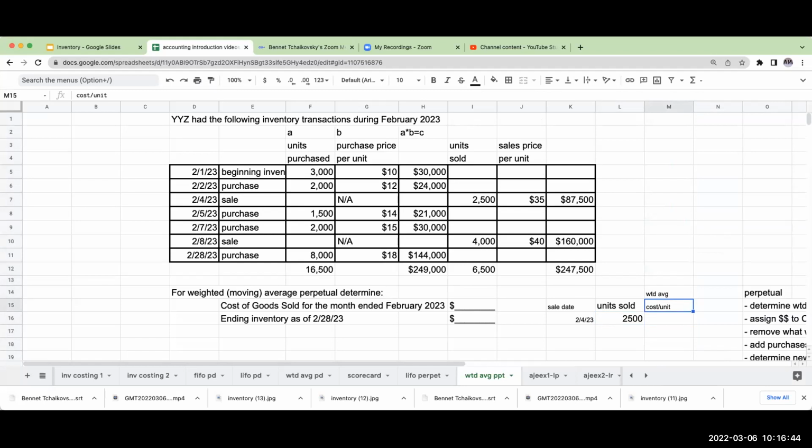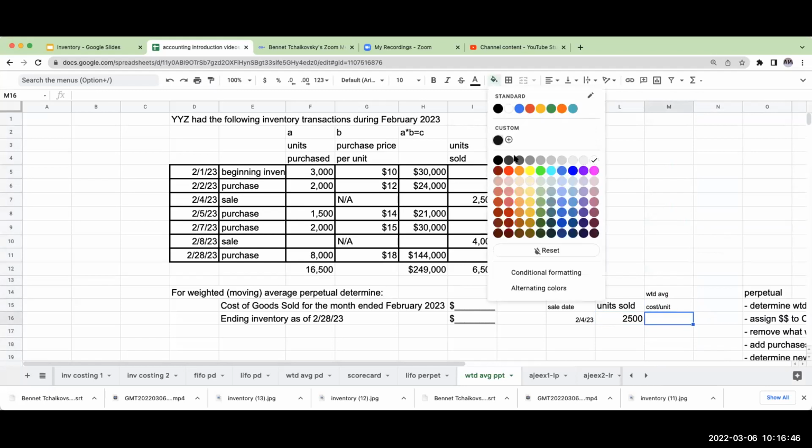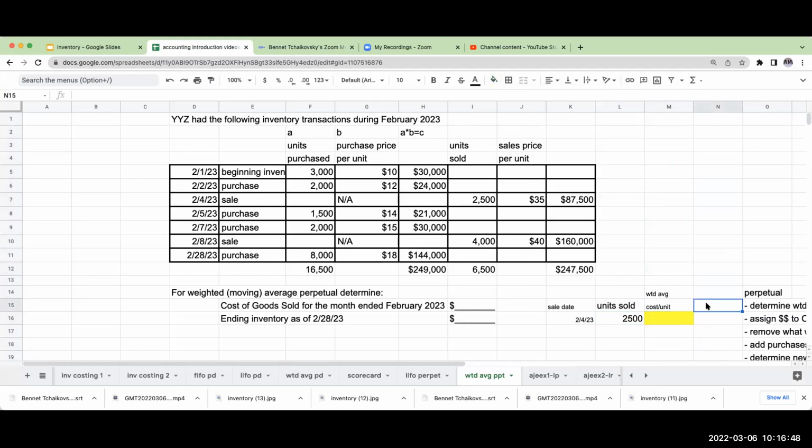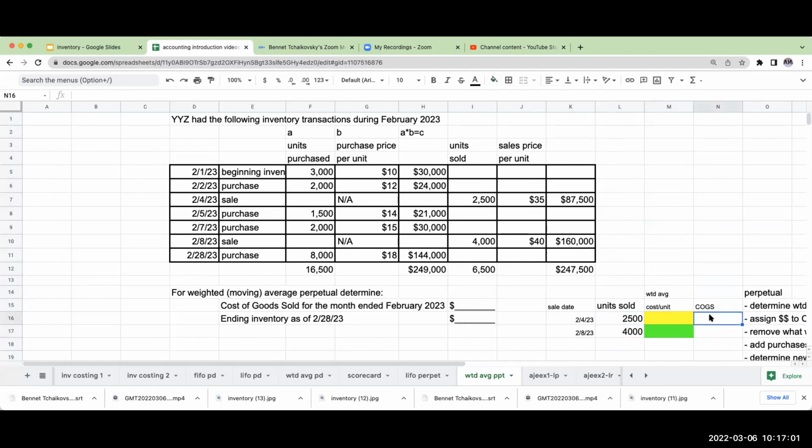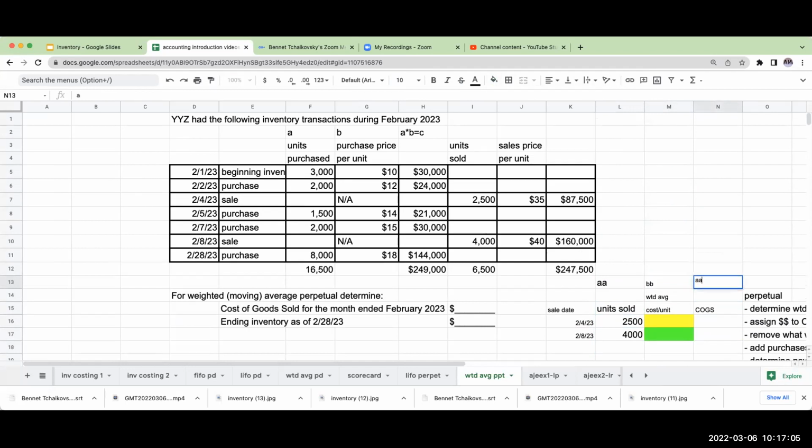My weighted average cost per unit, I don't know what this is yet, but we will figure it out. And this is going to be my amount to cost of goods sold. My next date of sale was 2/8/23. I sold 4,000 units. I'm going to need to figure out my weighted average cost per unit. Then I'm going to multiply my units sold by the weighted average cost per unit, and that's going to give me my cost of goods sold.